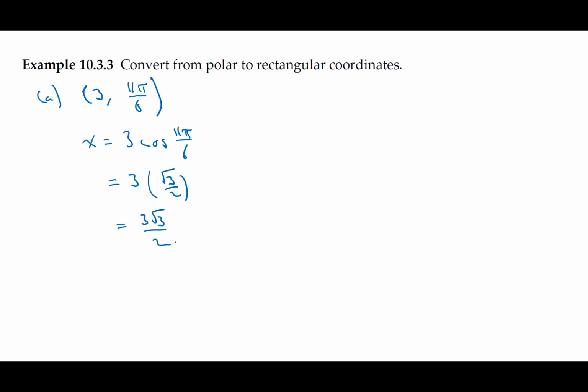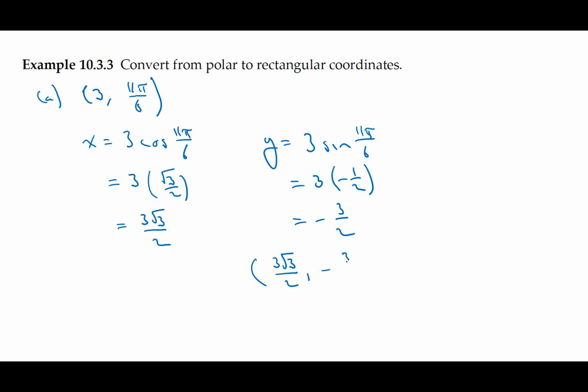Right, quadrant 4. And Y is R sine theta, which is going to be 3 times -1/2. So in Cartesian coordinates, we have this point, which again makes sense because you think about this is 3 and we're rotating 11 pi sixths.